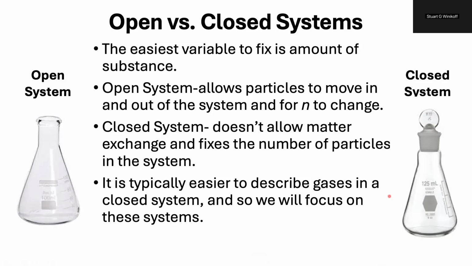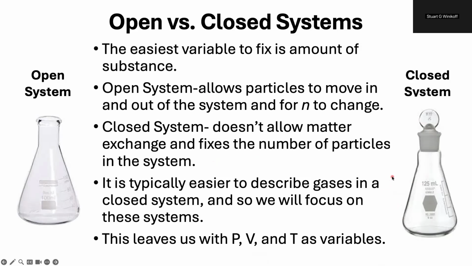And then if we're being really ambitious, we'll try and modify those equations so that we can extend them to open systems. Now, if we go ahead and work with a closed system, we've now successfully defined the moles of substance and kept that fixed. But that still leaves us with three variables: pressure, volume, and temperature.